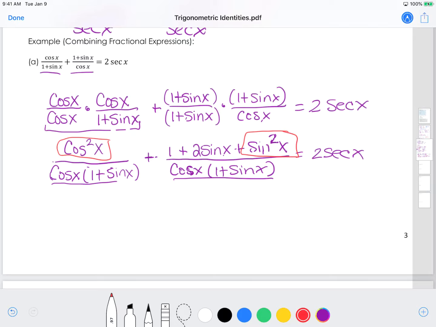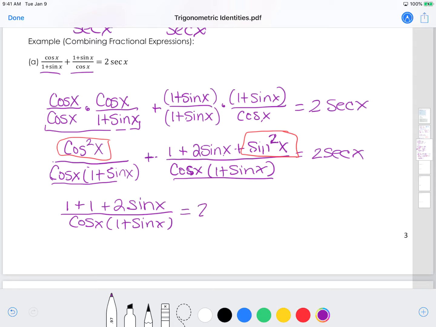So I can take out that cosine squared x and the sine squared x and replace it with a 1. So now on the top, I have 1 plus 2 sine x all over cosine x times 1 plus sine x.